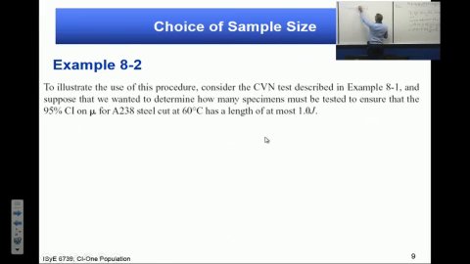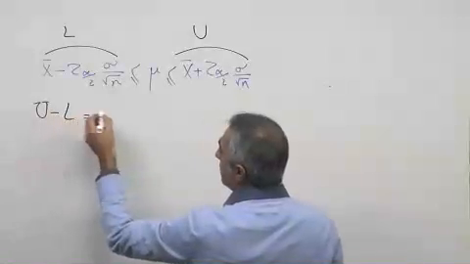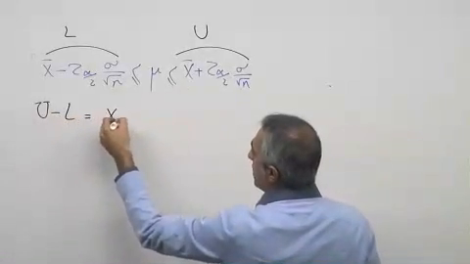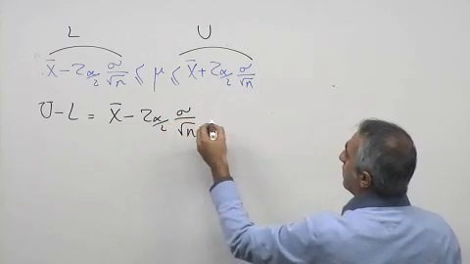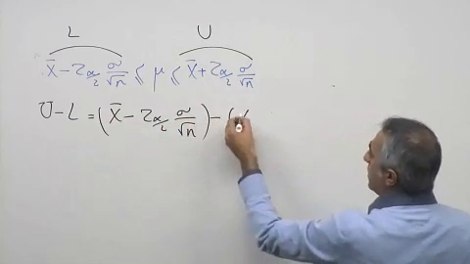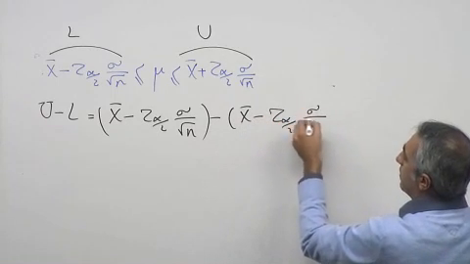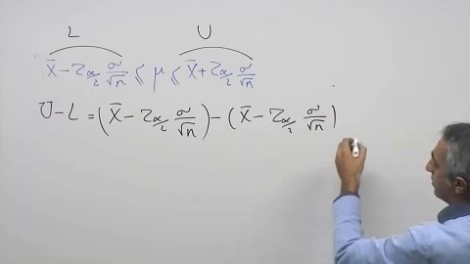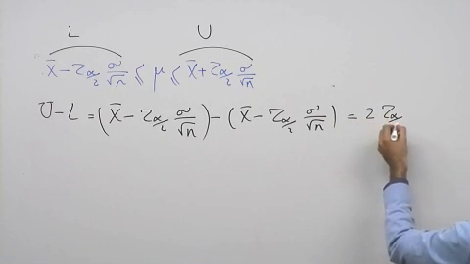So this is U, this is L, so the length is U minus L. In this case it is x bar plus this guy, minus x bar minus this guy, which is the lower bound. Then what is this number? 2 z alpha.